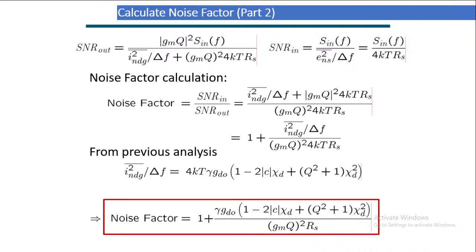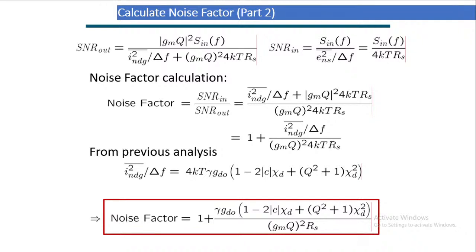from the previous analysis we also know the variance of the NDG current by delta F, which is equal to 4kT gamma ZD0 into 1 minus 2 times the absolute value of C into ZD plus (Q square plus 1) whole into ZD square.